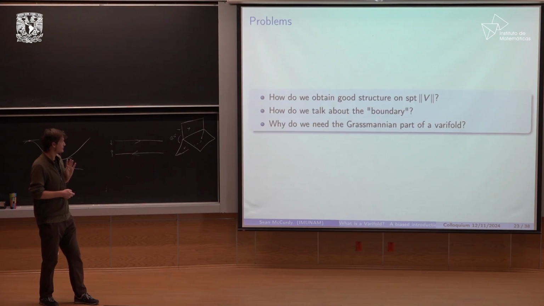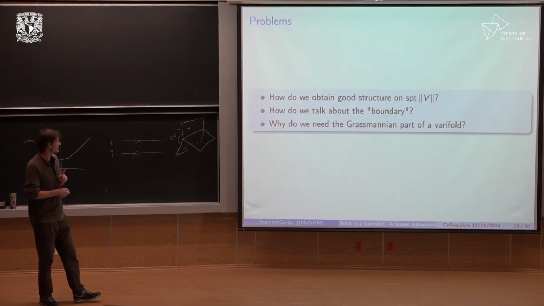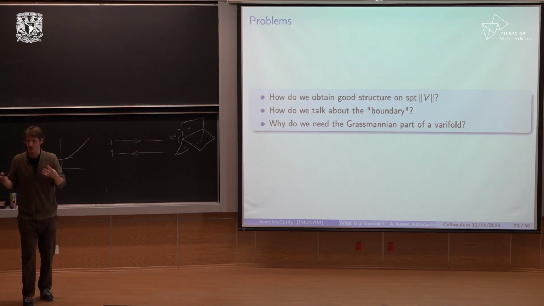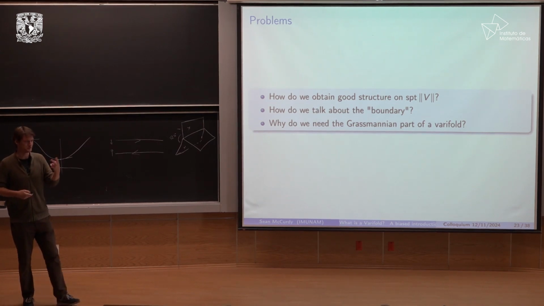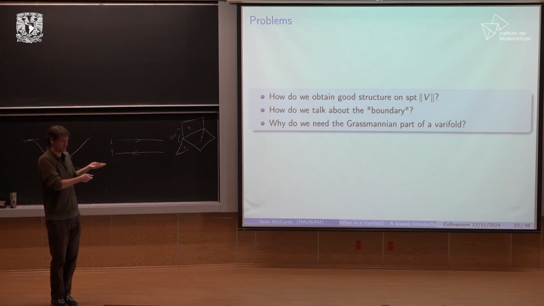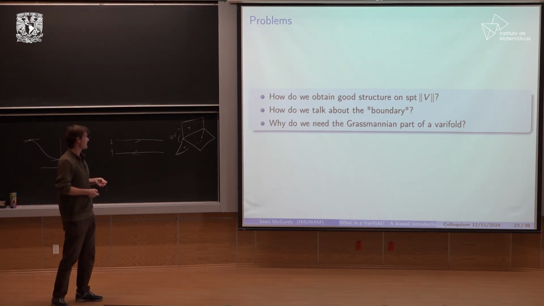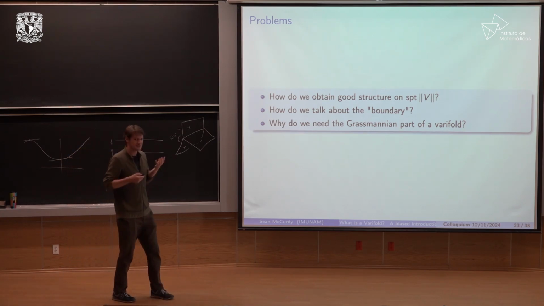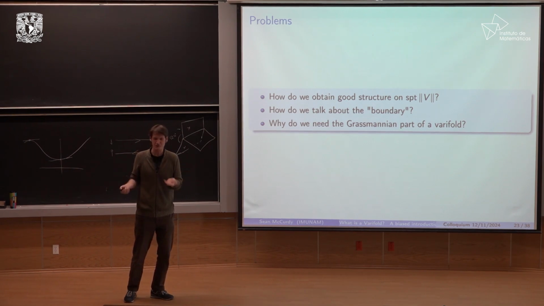Okay, so this leads to some very natural questions. First, how do we obtain good structure on the support of the mass? This is the Euclidean component. If I say I have a two-dimensional varifold, then maybe I want the support to be a two-dimensional object. We can also ask, how do we talk about the boundary? It's a measure. What does it mean to be the boundary of a measure?